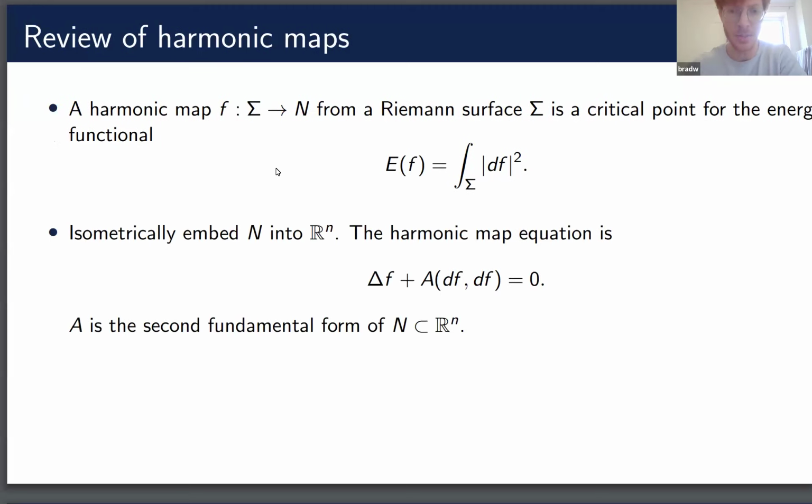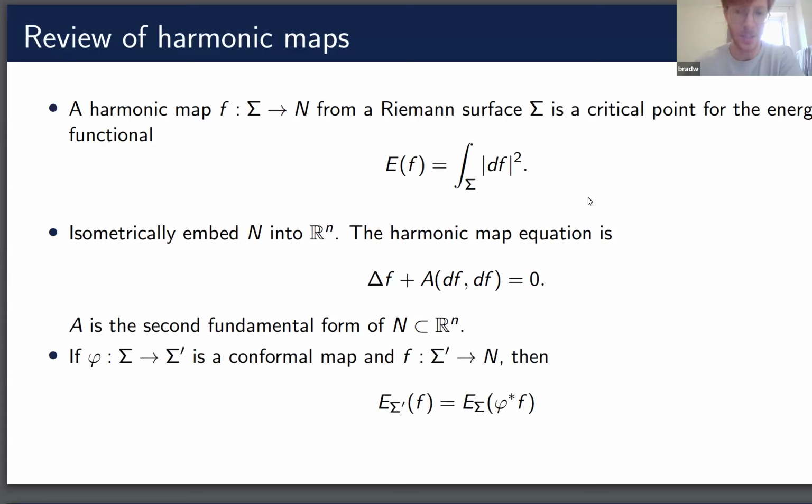Okay, and this has a corresponding Euler-Lagrange equation. So if we embed N into R^n, this equation looks like Laplacian f plus the second fundamental form applied to the derivative equals 0. So this will be useful in the analysis.